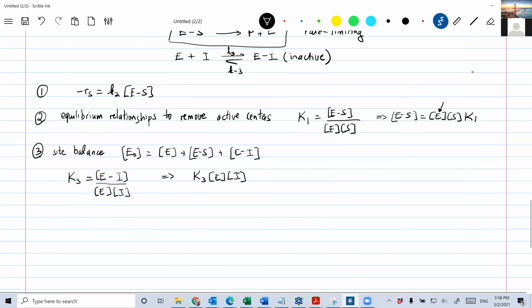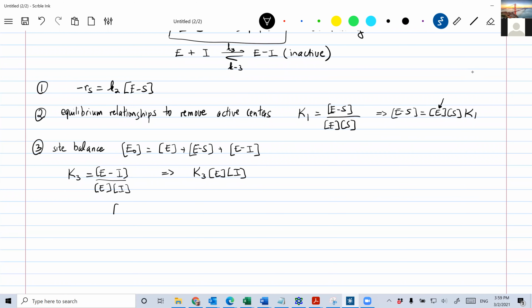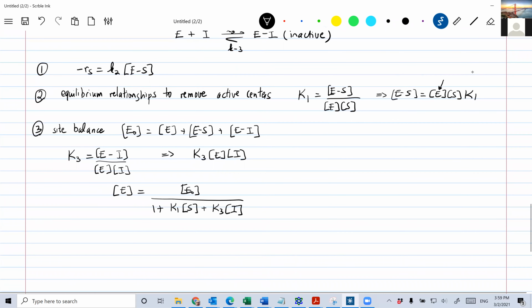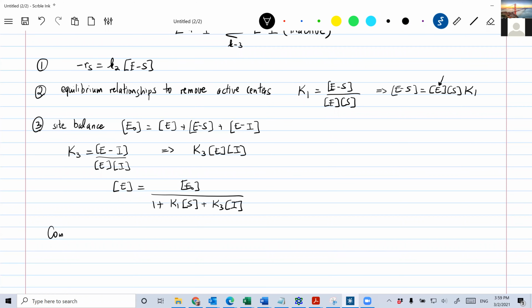We can now plug everything in to find that the free enzyme is equal to this. So now we can combine everything in our first equation: we can combine 2 and 3 in 1.